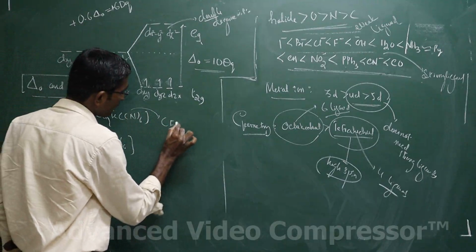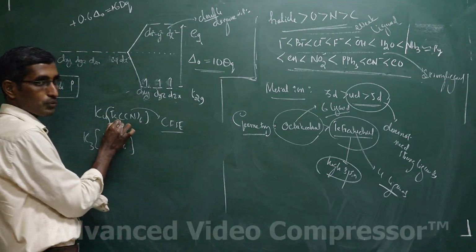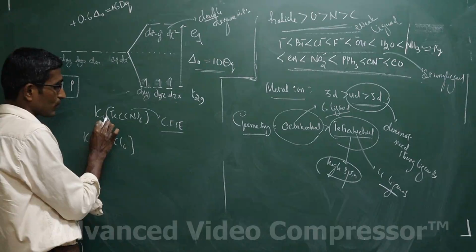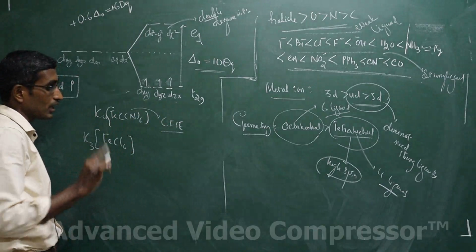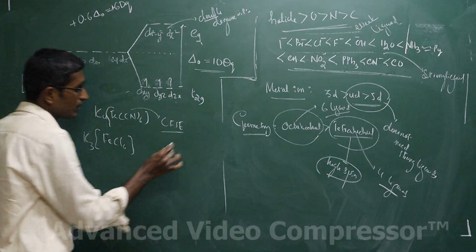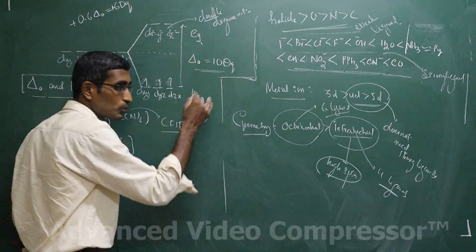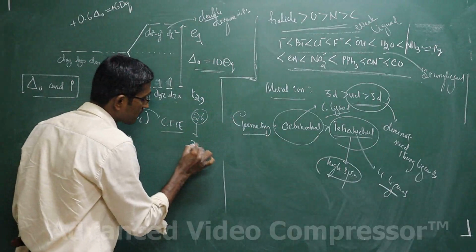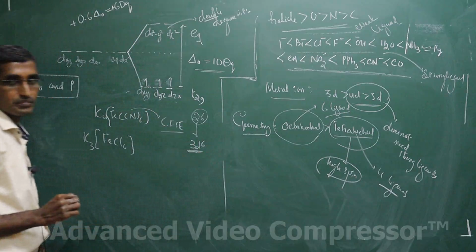Can we calculate the CFSE for this? This is Fe in the +2 state, students, because 4 K plus ions balance the 4 minus charge, so you have Fe in the +2 state. Iron has atomic number 26, 3d6 4s2; 2 electrons removed means a 3d6 configuration. It is a d6 configuration.